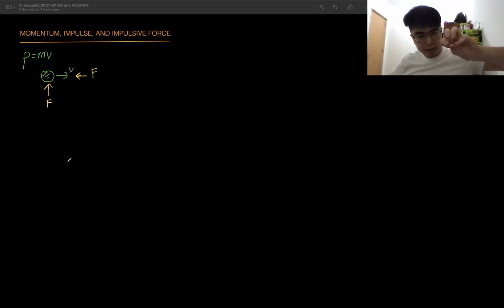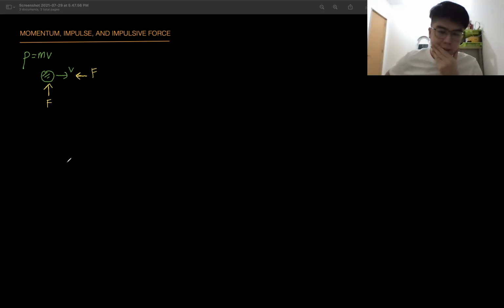When they come together, collide and bounce away, if you calculate the total momentum, it will still be 100 kg m s^-1. It cannot be 99, it cannot be 101. It must be exactly 100. That is the principle of conservation of momentum.